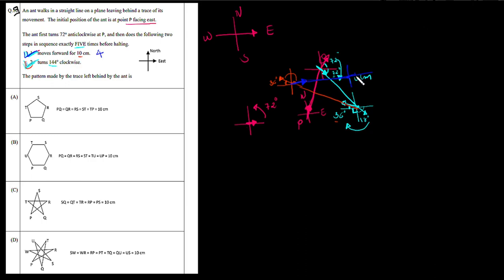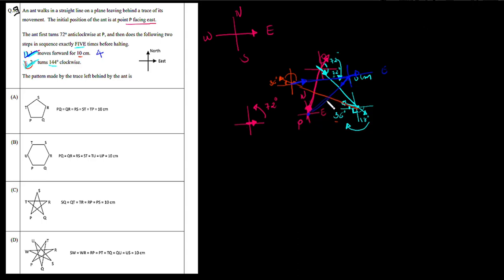Now our ant is facing in this east direction. If you again make the turn of 144, it will turn into this direction, and again it has to move 10 centimeters. So it will reach this point P again.